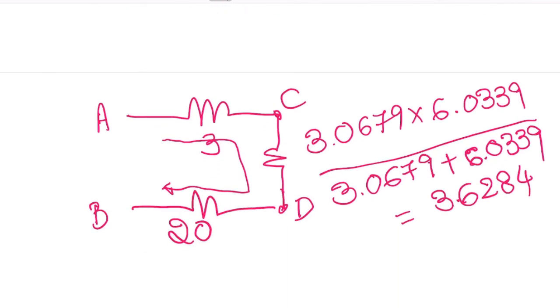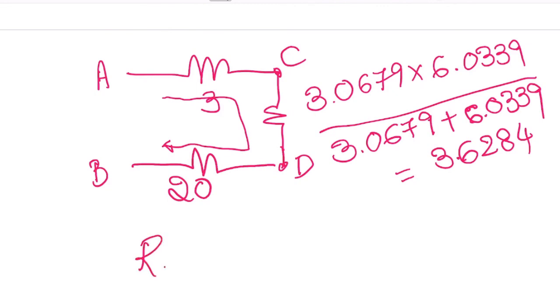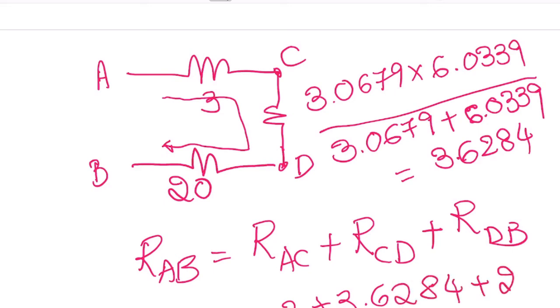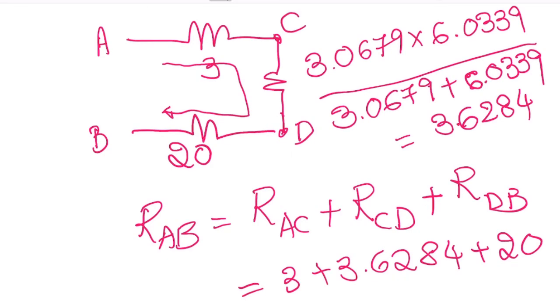Then the equivalent resistance across A and B, all are connected in series, is RAC plus RCD plus RDB, that is equal to 3 plus 3.6284 plus 20, that comes as 26.6284 ohms. The final answer is 26.6284.